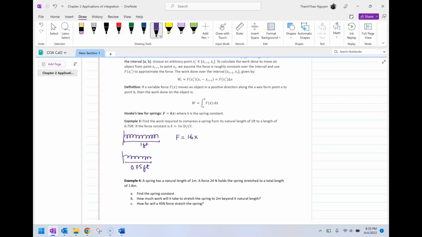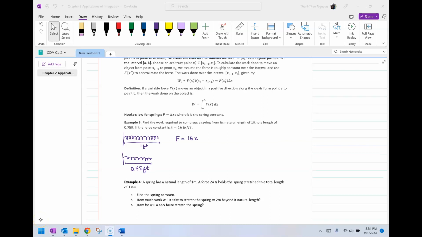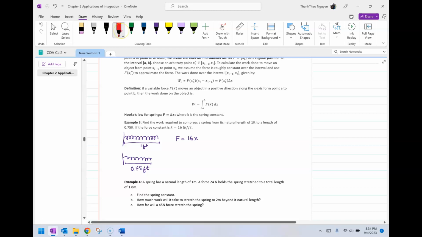Because we want to compress the object in the positive direction, let's draw this picture again so that you can see what happens. Since we have a force acting on the spring in this direction and it compresses the spring, this distance here is 0.75, which means this difference is 0.25.